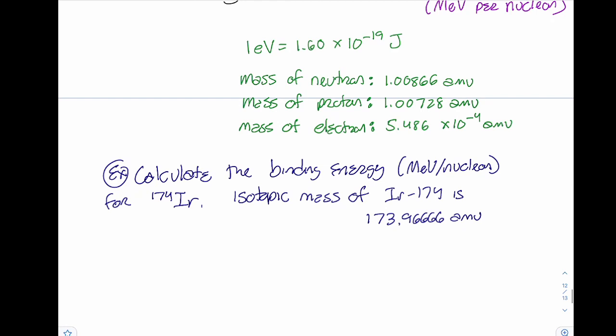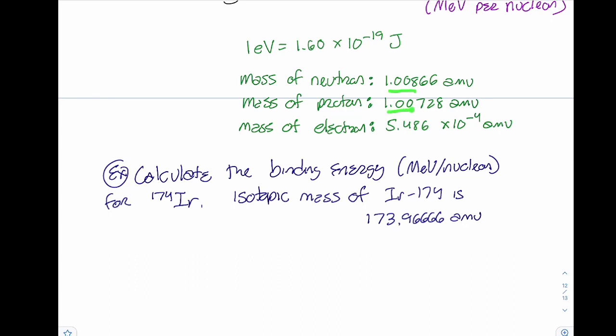If we look here, I have 174 nucleons, 174 particles in my nucleus. Even if we round these to 1.01 for both of them, 174 multiplied by 1.01 plus the mass of my electrons is going to be a number larger than 174. But if we look at the actual mass of that isotope, it's actually less than 174. We're already seeing that mass defect.